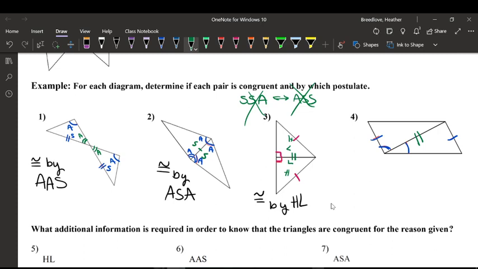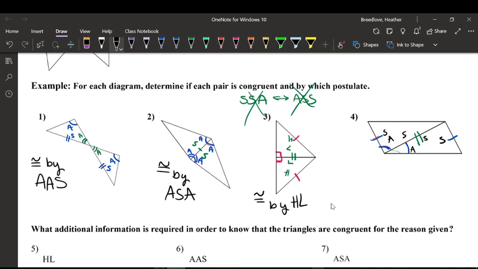All right, so we have to look at this one because we know those are the same, and we know that they share a side, and they have a side marked the same. So let's check those triangles. Looking at the bottom triangle, that's an angle, this is a side, and another side. And on the top one, we have a side, an angle, and a side.